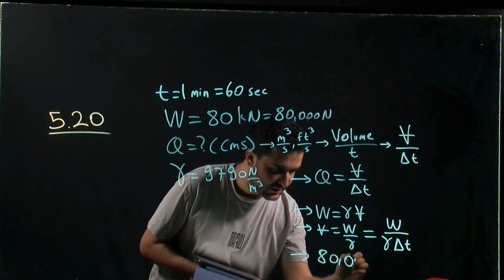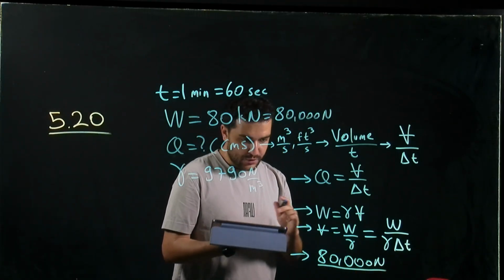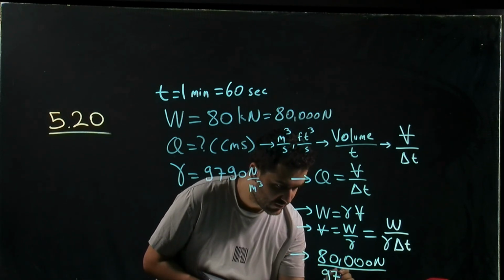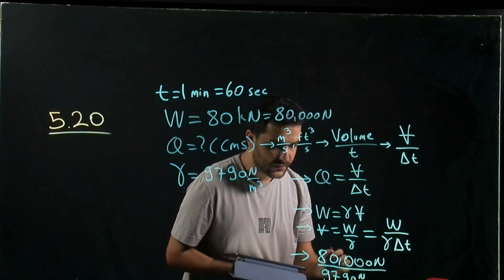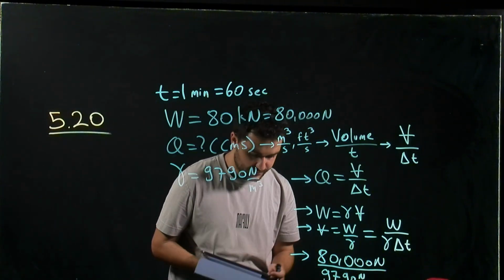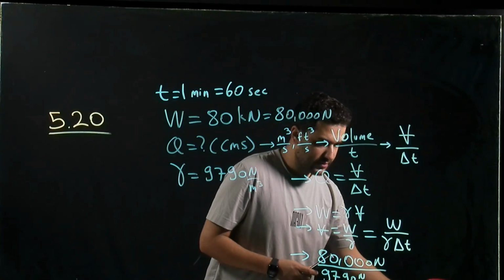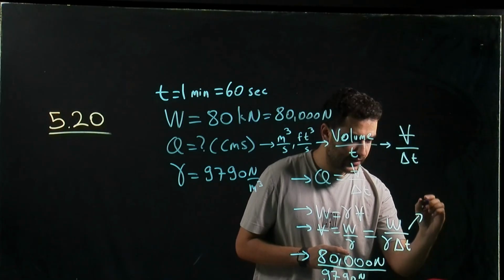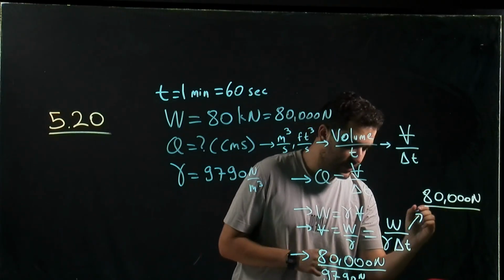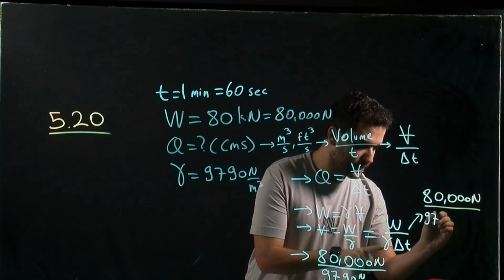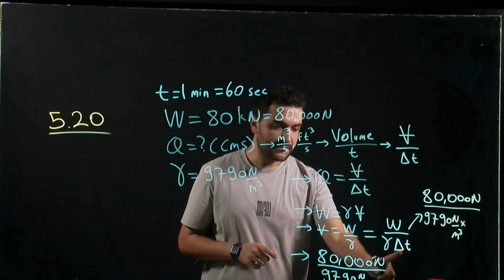So we have 80,000 over specific weight, and we have time, which is 60 seconds.